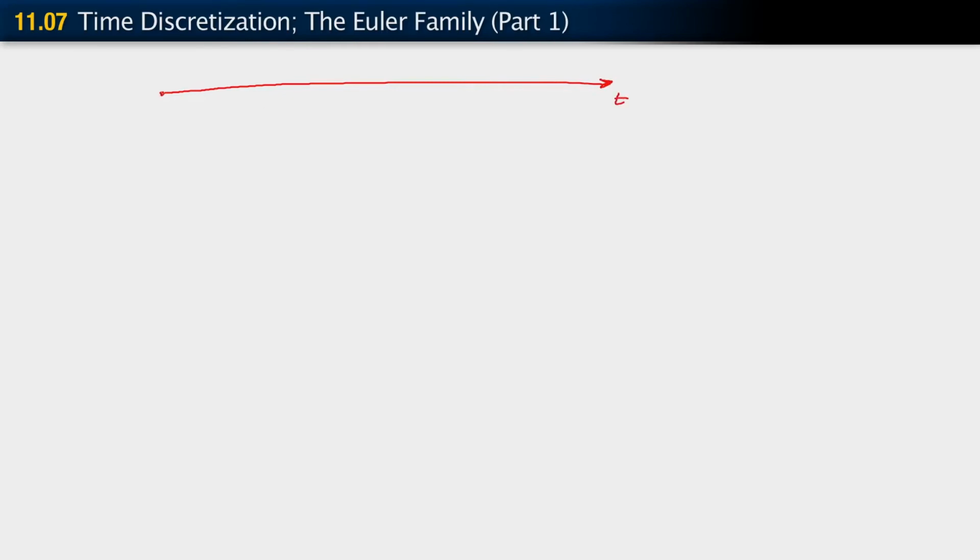We've started here at 0. We want to get as far as T. We have t0, t1, we have tn, and we have t little n plus 1, and here of course we have t capital N. So the whole idea is that I know everything at tn. How do I get to tn plus 1?